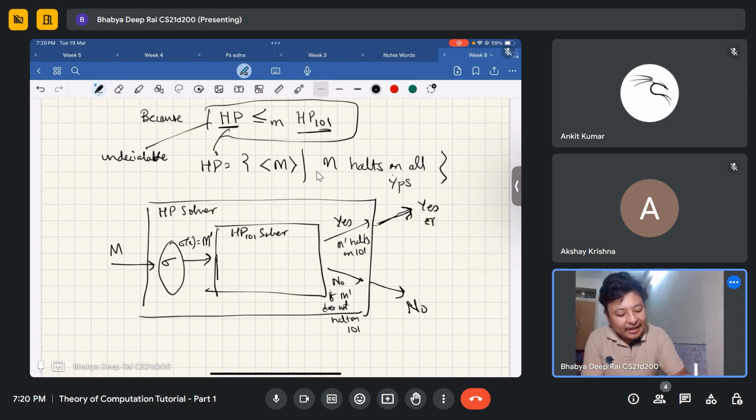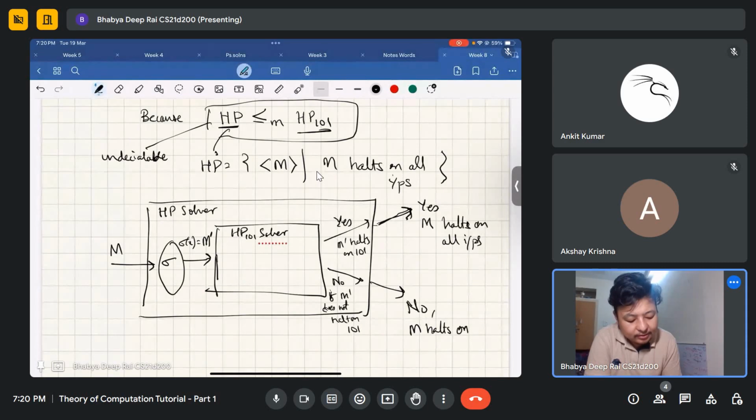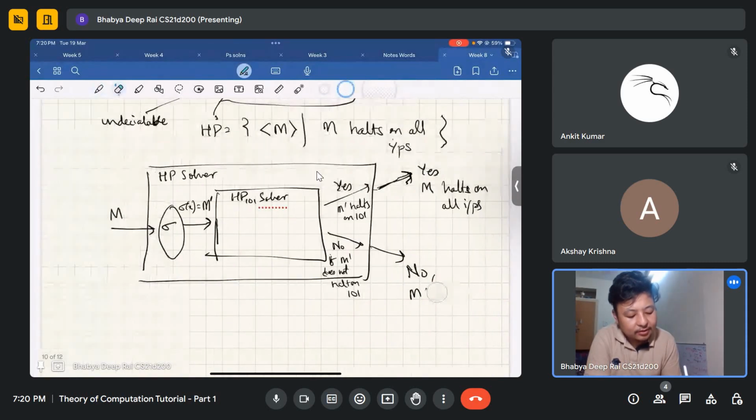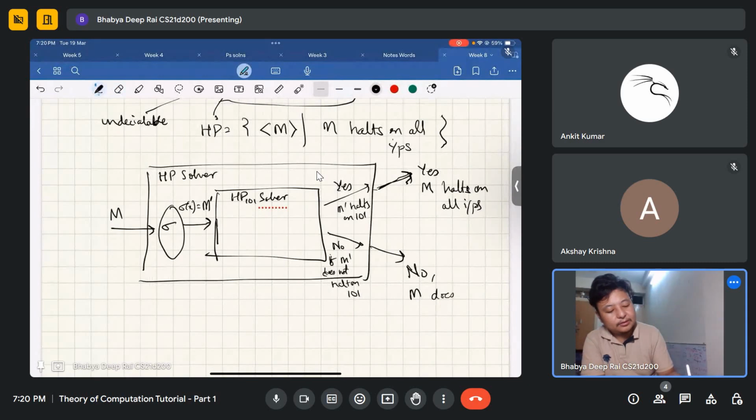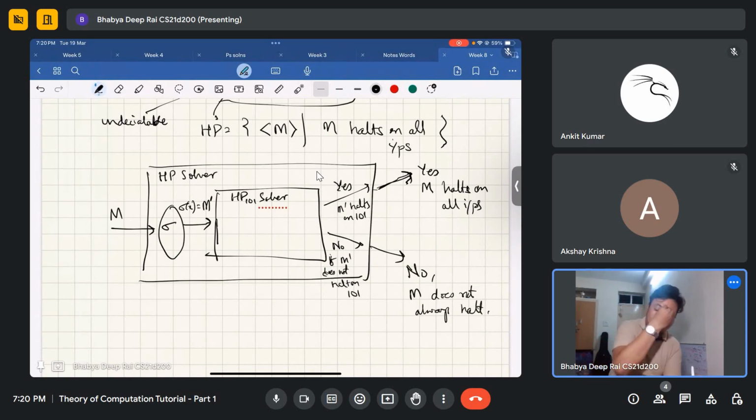It says yes if M halts on all inputs, and no if M does not always halt.